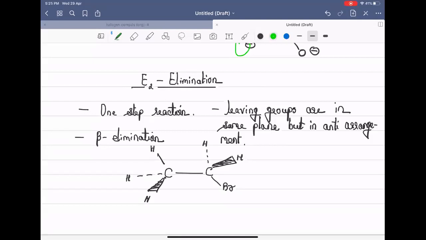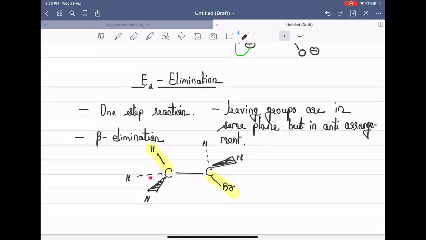The anti arrangement in the same plane would be something like this. Two of them are anti, as well as in the same plane. You can see that the elimination is from a staggered conformer.